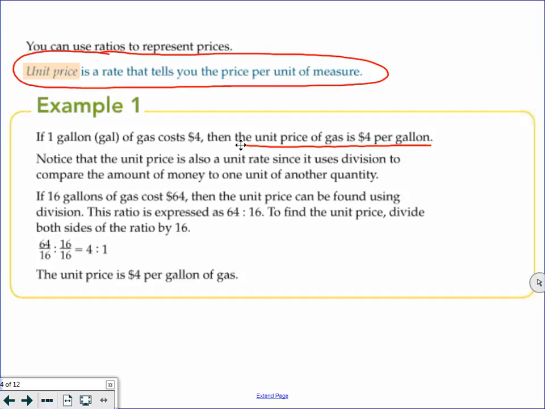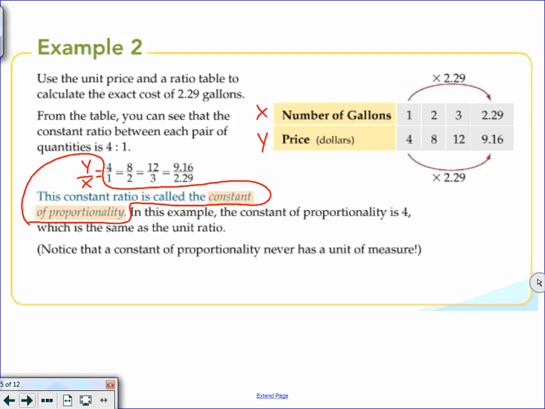You can look at the rest of the example there if you want to. Pause before we move on. Looking at example 2. Again, same situation, where we're talking about finding the cost for 2.29 gallons.